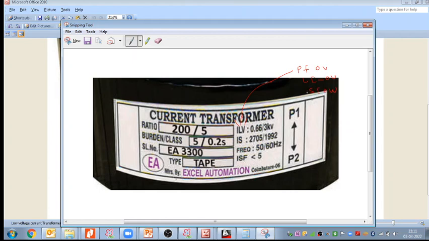And we know that switching impulse over voltage is applicable for greater than 220 kilovolt, and up to 220 kilovolt these two are applicable: power frequency and lightning impulse. So I think if 0.66, this might be power frequency, and this might be lightning impulse. I'm not clear, but I think so.